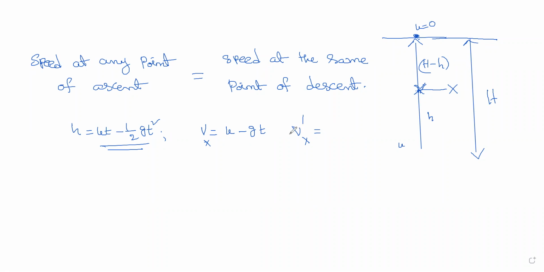So v dash is measured in the negative direction. So minus v dash is equal to minus g t dash, where t dash is the time. What is the connection between t dash and t? This is what I will tell you, how to connect these two. So v dash x is equal to gt dash. I would say that these two are equal. So Vx upwards is equal to v dash x downwards.